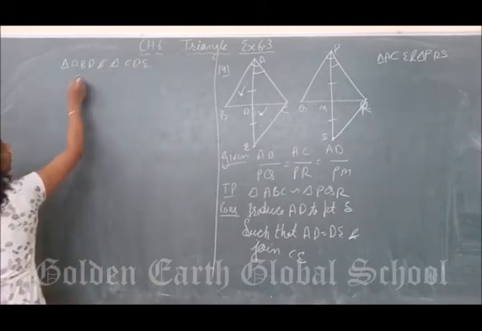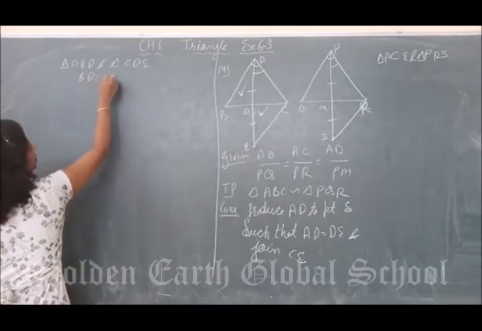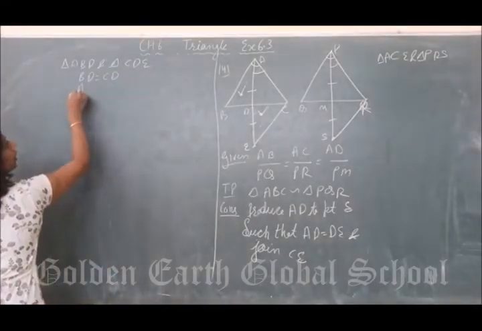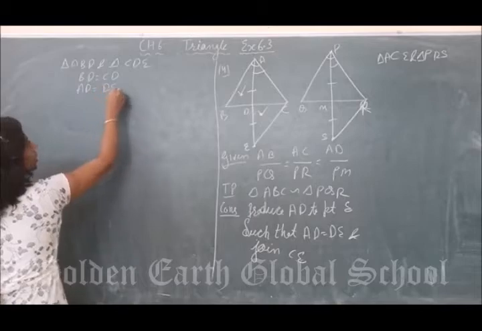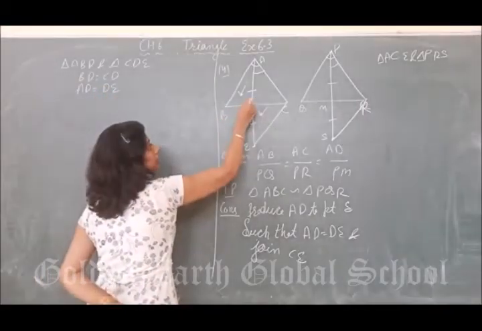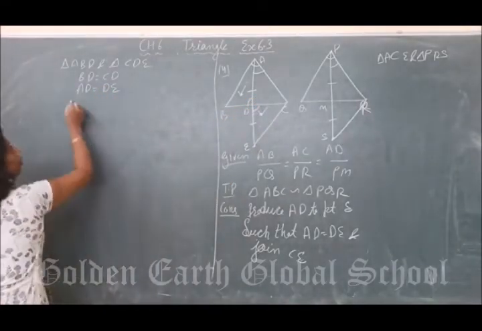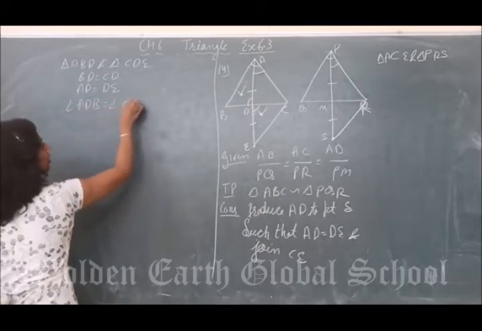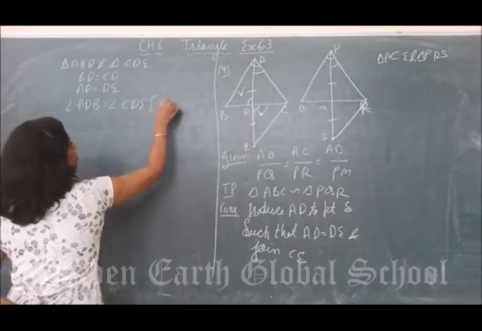In these two triangles, BD is equal to CD because AD is the median. AD is equal to DE by construction. These angles are vertically opposite. Angle ADB is equal to angle CDE, vertically opposite.